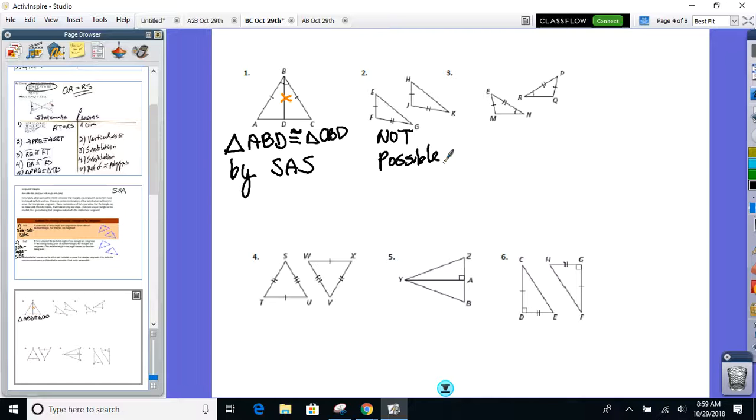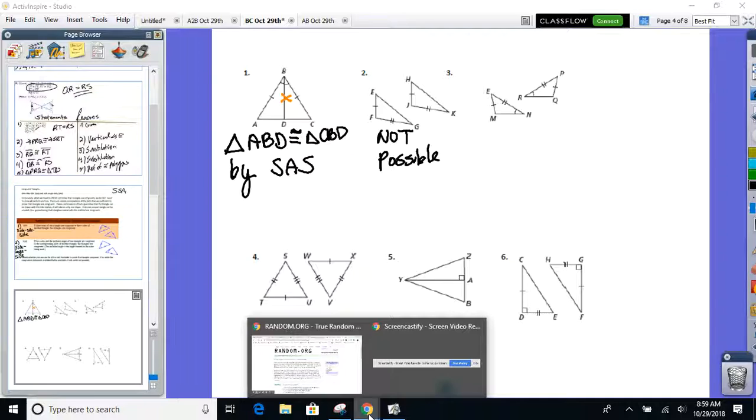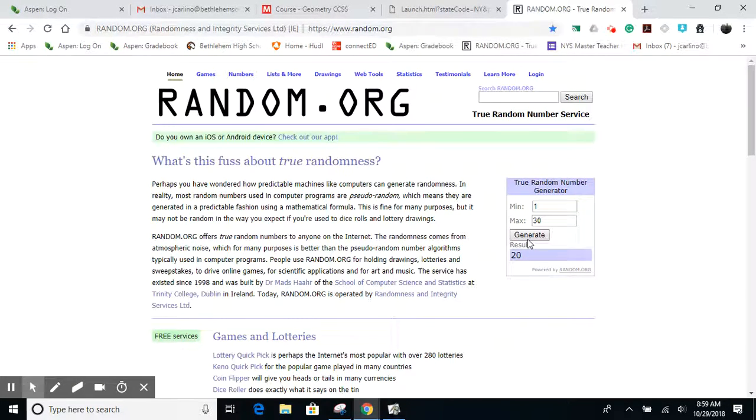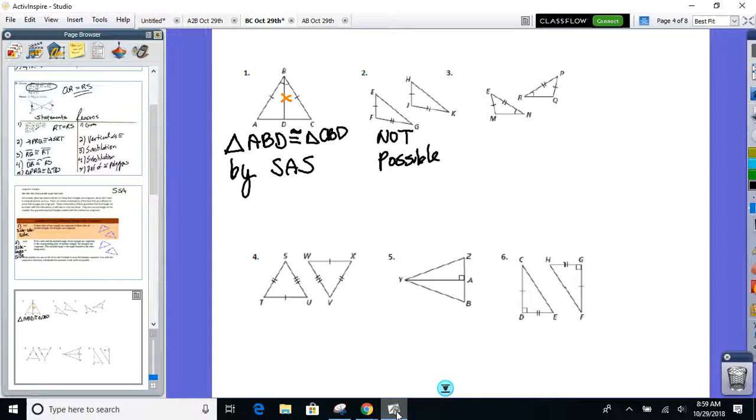Okay, how many people am I going to get on this next one? How many sides do you have? 3 sides are marked? Are we looking at the same thing here?